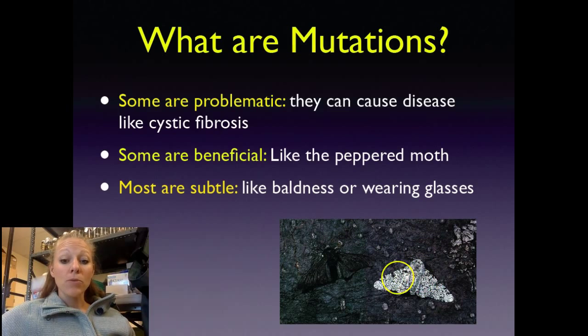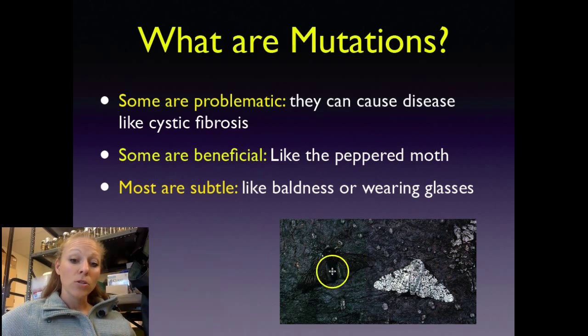There was a mutation in the moths where they started to turn black. This ended up being a beneficial mutation. The environment changed, and so the change in these species ended up being a good one because now the predators can't see the moth. And so the black moths are going to be more likely to survive to produce offspring. And so therefore, this is a beneficial mutation.